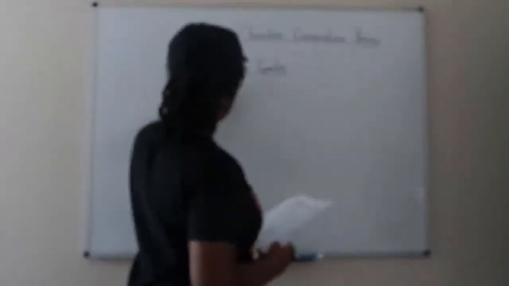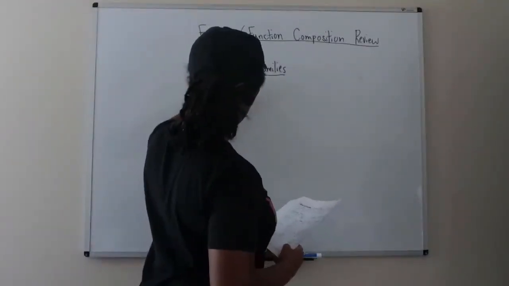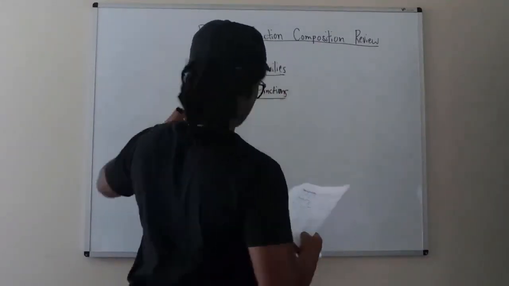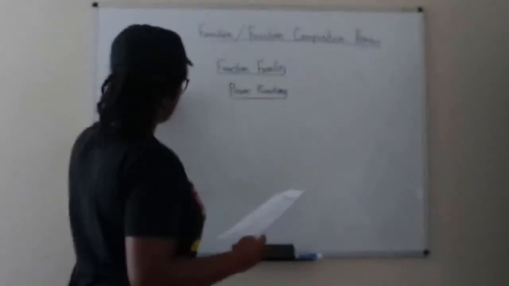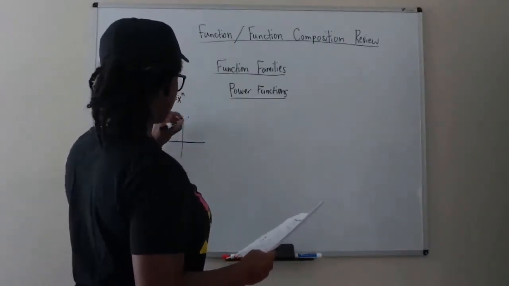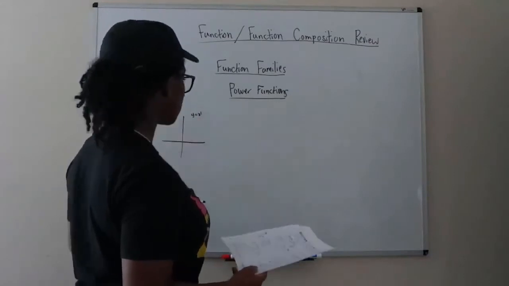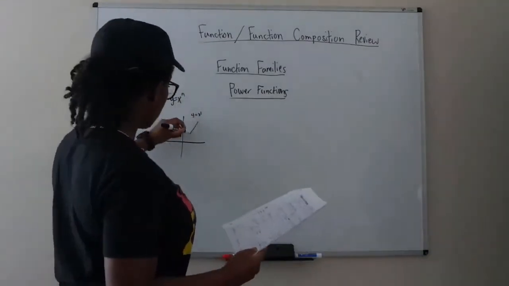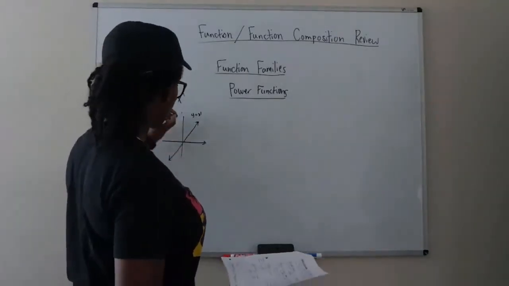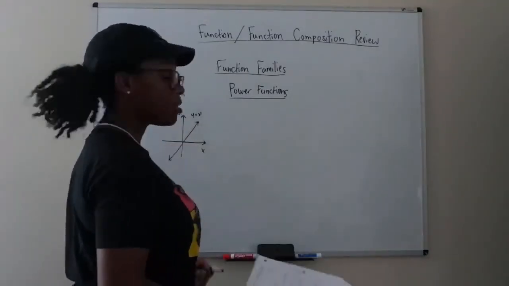The next type of function is called the power functions. These take the form of y equals x to the n. So let's say y is equal to x to the first, or just x. It's just going to be a linear function.